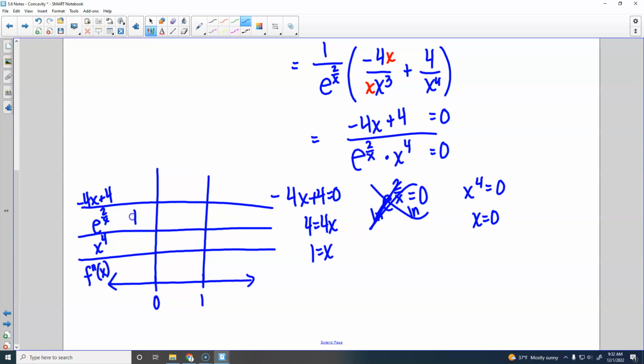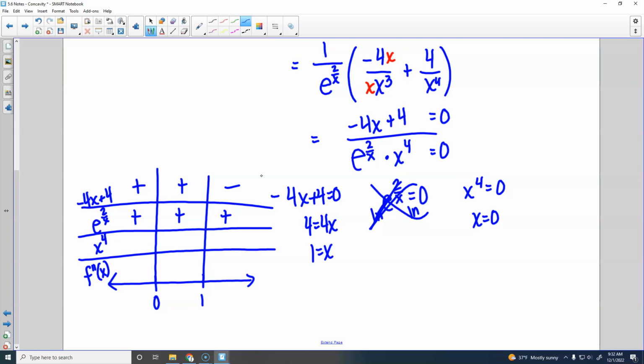So the e line is positive all the way across. For this top line, if I plugged in something like -1, -4 times -1 would become positive, so I'll get a positive right there. Something between 0 and 1, like 1/2, -4 times 1/2 would be -2, plus 4, still positive here, but we'll get a negative on the end there.